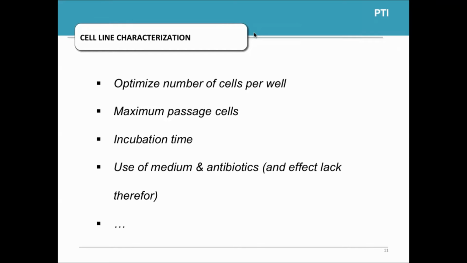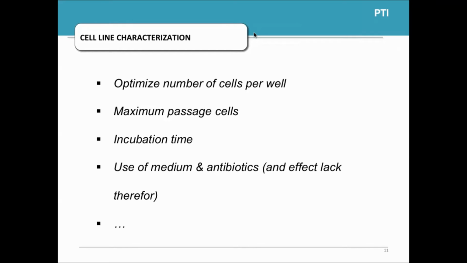So it does make a difference if you see 20,000 cells per well or 30,000. You want to establish a maximum passage of your cells, and that can be extremely important later on for monitoring, because you always need to have a control in your assay that your cells are actually responsive.